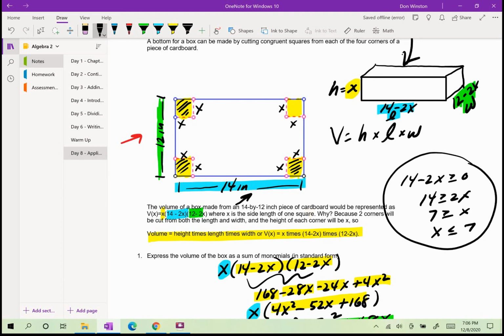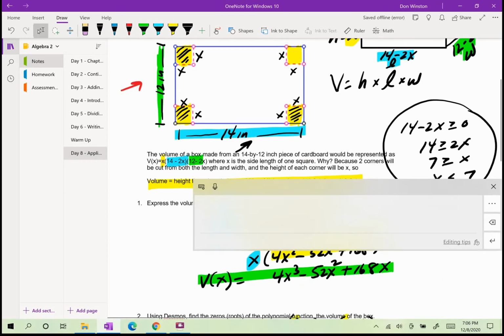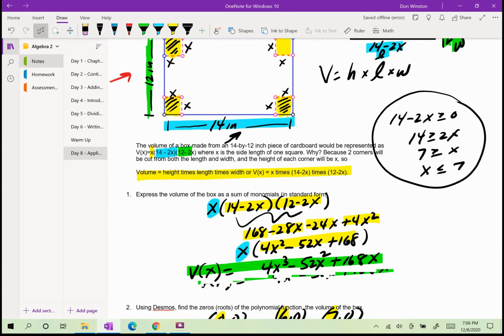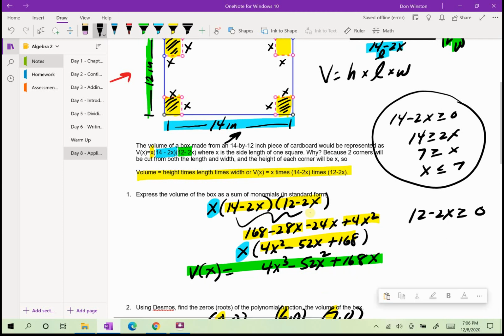So really the limiting factor, the equation we should look at, is that 12 minus 2x has to be greater than or equal to 0. 12 has to be greater than or equal to 2x. 6 has to be greater than or equal to x, or x has to be less than or equal to 6.